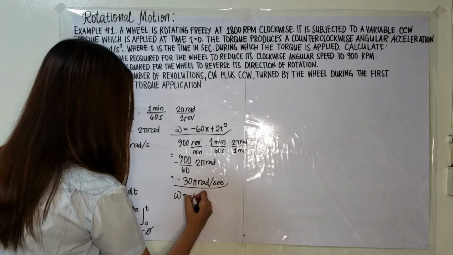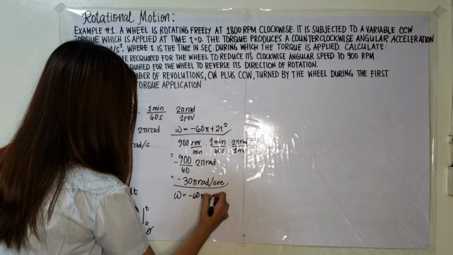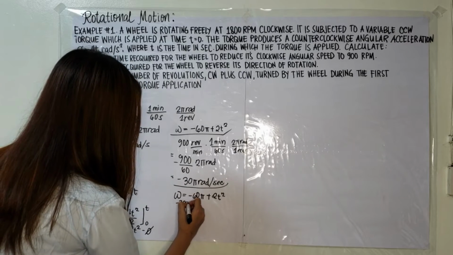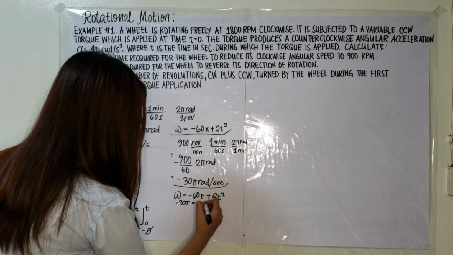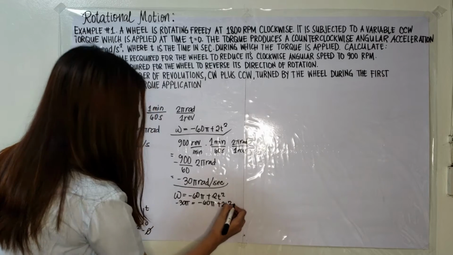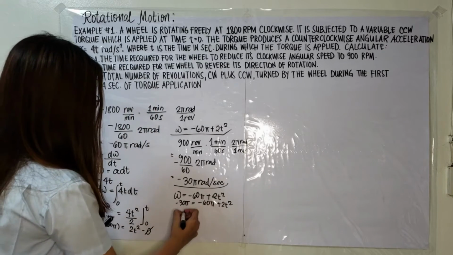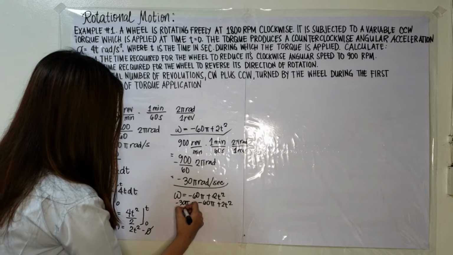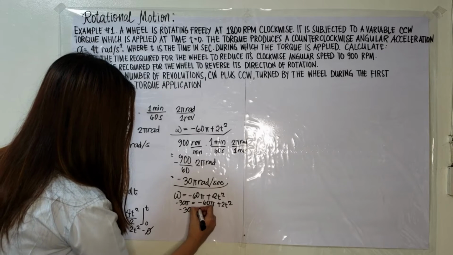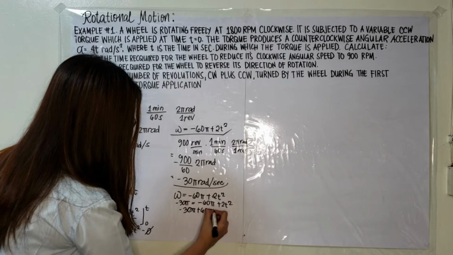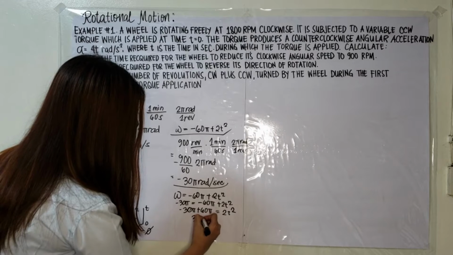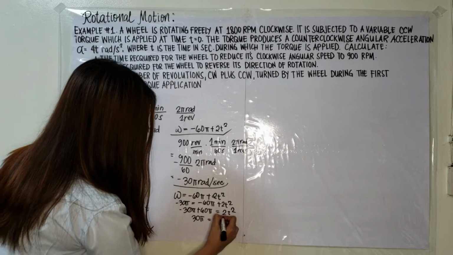Omega equals negative 60 pi plus 20t squared. So negative 30 pi equals negative 60 pi plus 20t squared. Negative 30 pi plus 60 pi equals 20t squared. 30 pi equals 20t squared.